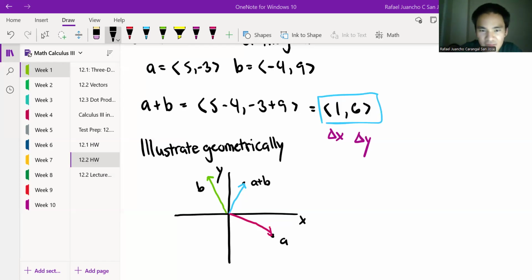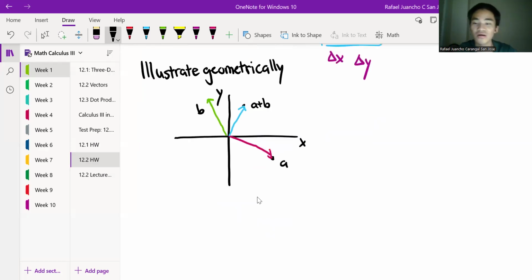Okay, let me see. Vector A. Oh, I see what I did wrong.